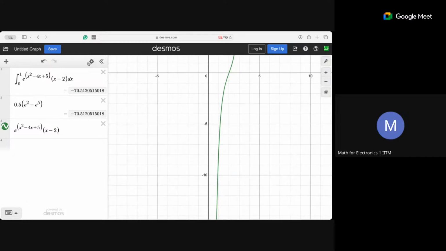So that is why we are getting such expressions. But if you ask me, can I represent it in that way? Then the answer is no. You cannot represent it in that way.